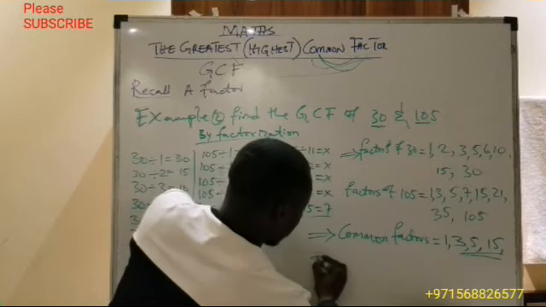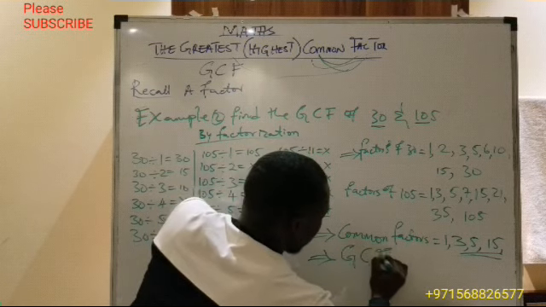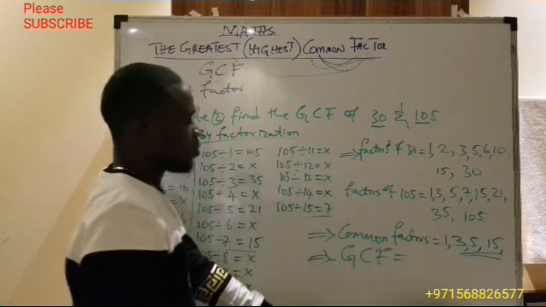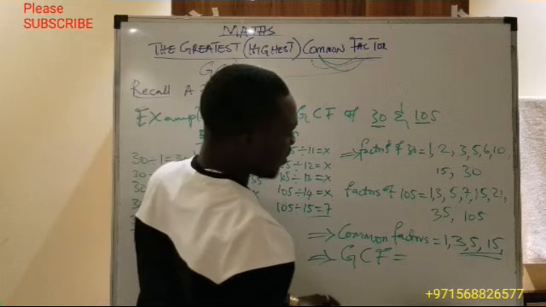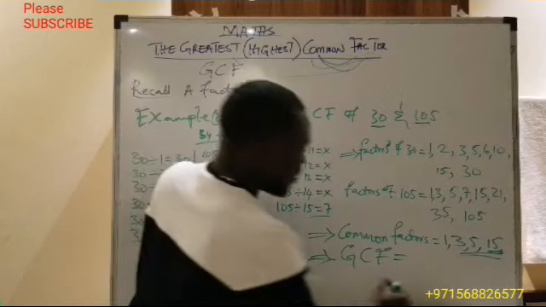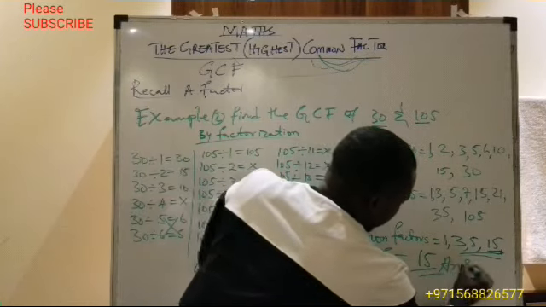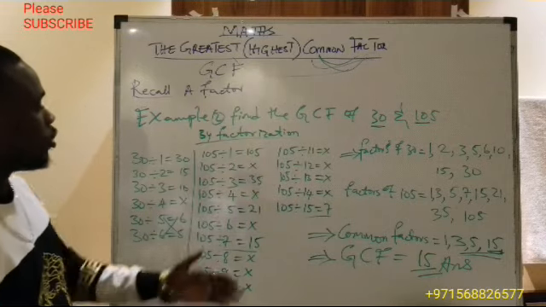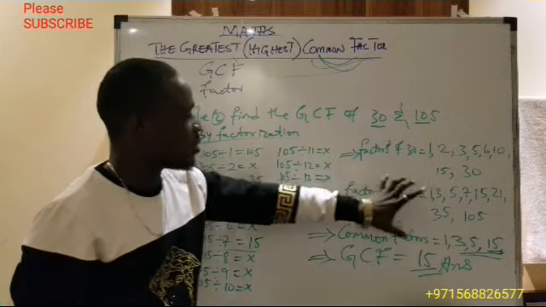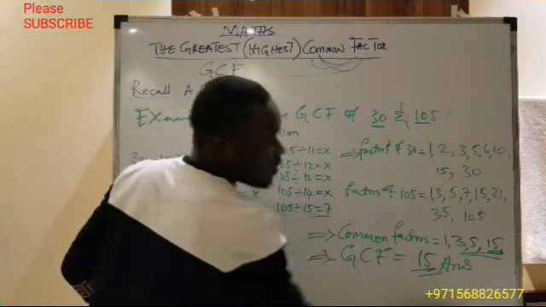Then, for us to get the greatest common factor of the two numbers, 15 is the number that is the greatest. Therefore, 15 is the HCF. That is our answer. So, when you compare this method with the other one, you see that we arrive at the same answer.